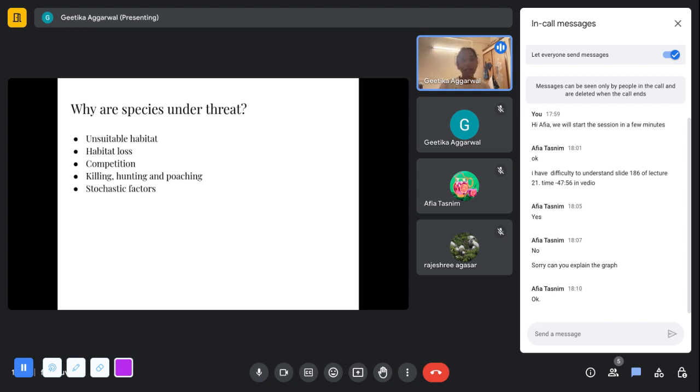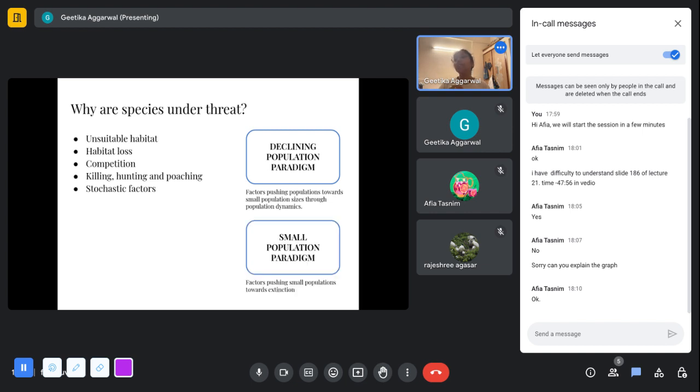So, two broad categories in which we can put these threats, or two broad paradigms, include the declining population paradigm, which basically includes all the factors that push the normal population size towards smaller population sizes by population dynamics.